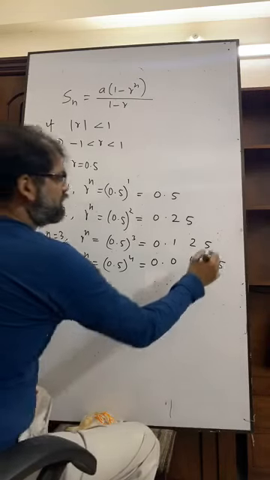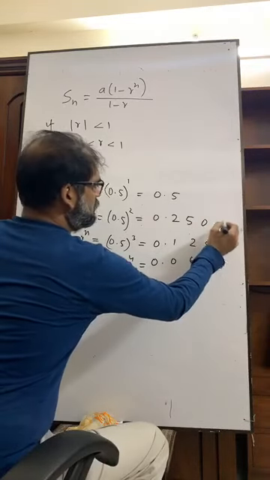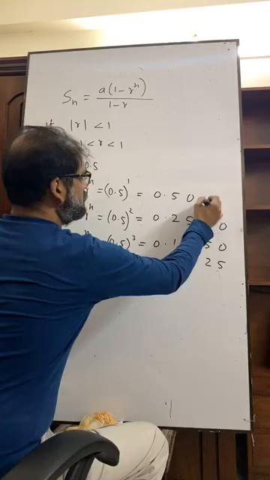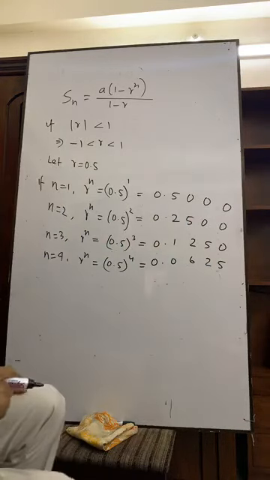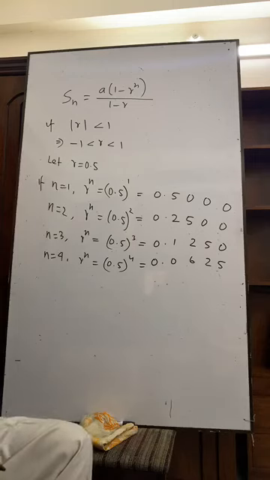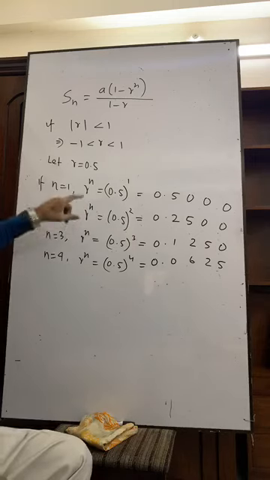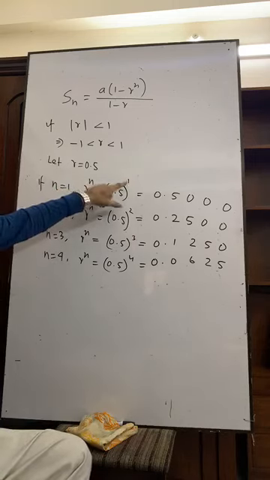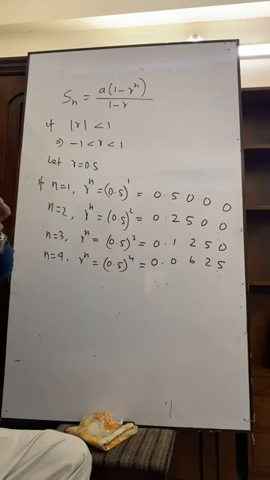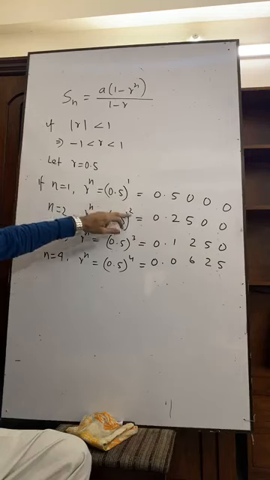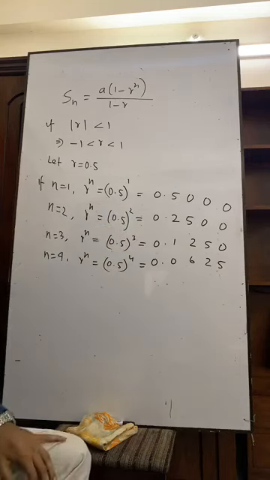Now let us fill this in like this. What are you getting? The power n, its value has been increased: power 1, power 2, power 3, power 4.